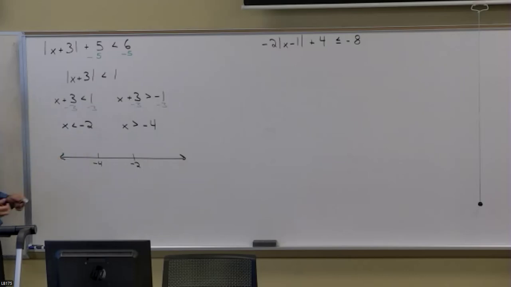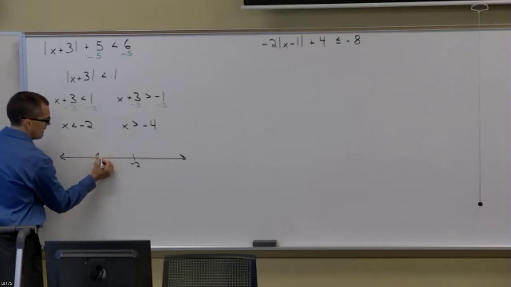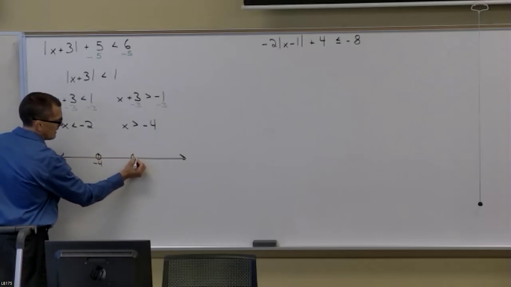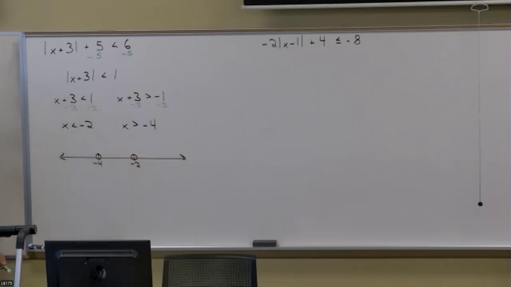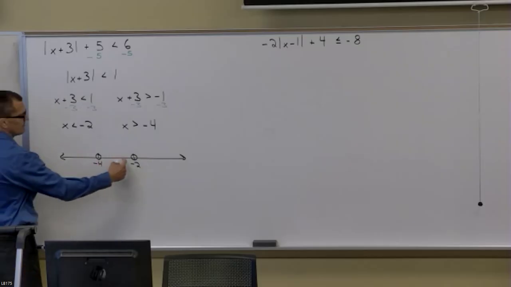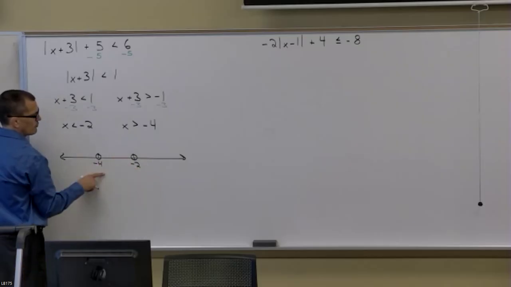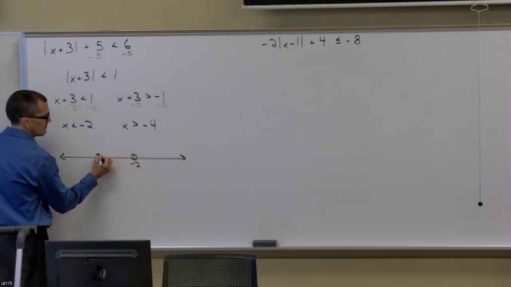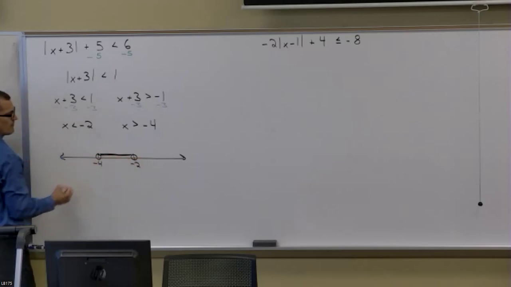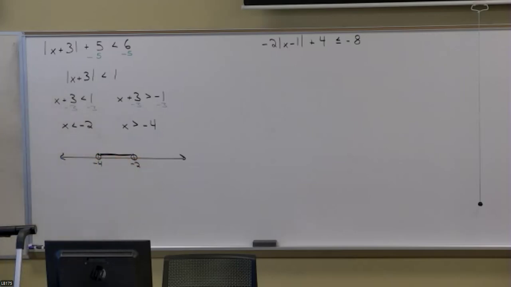If it includes the equal sign, then I fill in the circle. If it doesn't, I leave the circle open. And then I know I'm going to have to either fill in the middle or the two outside edges. In this case, we want less than negative 2, greater than negative 4, so that's the middle part. Anything in between negative 4 and negative 2 is going to work. On the outsides of that, it's not going to work.